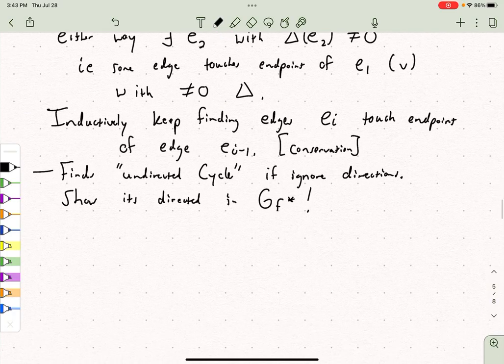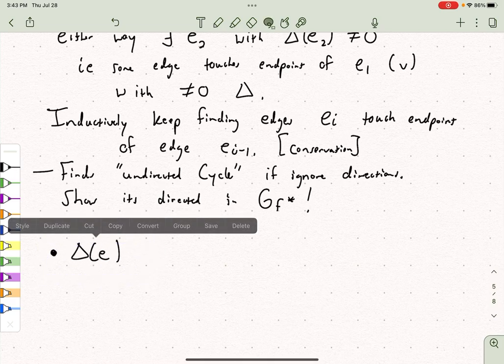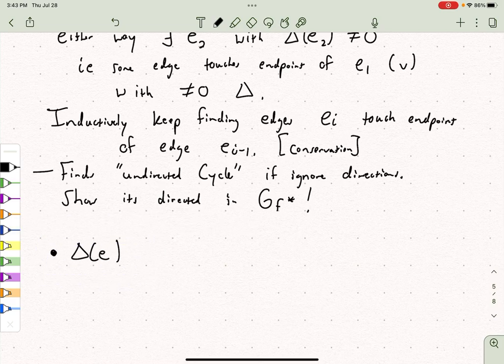So there's two cases. So let's say delta of E, some E on our path. So I guess one other thing to mention is the reason it's a cycle is because eventually we repeat a node because it's finite.